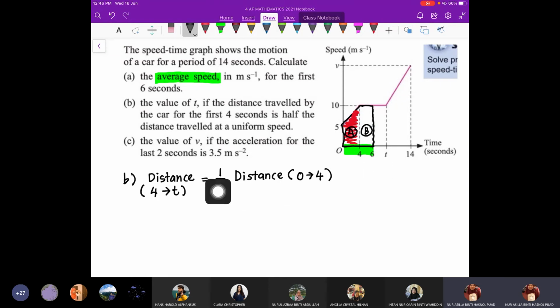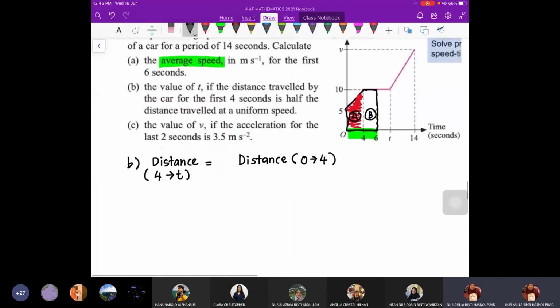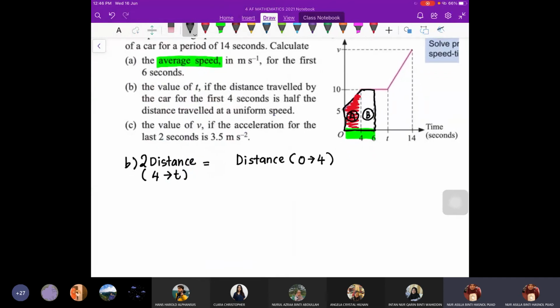Or kamu nak buat dengan kata nama lain, you can change this into 2 times distance 4 to t equals to distance 0 to 4. Okay, the other way around pun boleh. It's up to you lah, macam mana pemahaman kamu. So I just put as 1/2 because it's direct to the question.